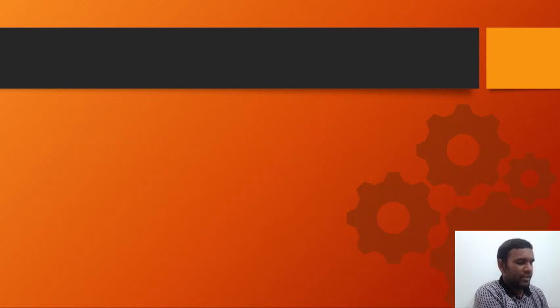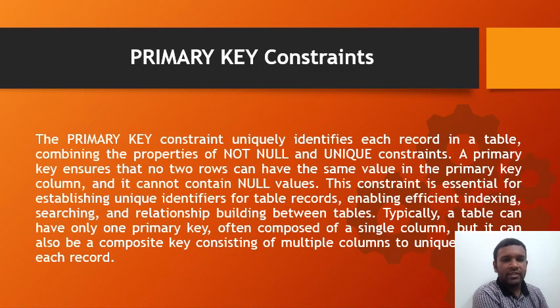Primary key constraints. The primary key constraint uniquely identifies each record in a table, combining the properties of not null and unique constraints. A primary key ensures that no two rows can have the same value in the primary key column and it cannot contain null values.